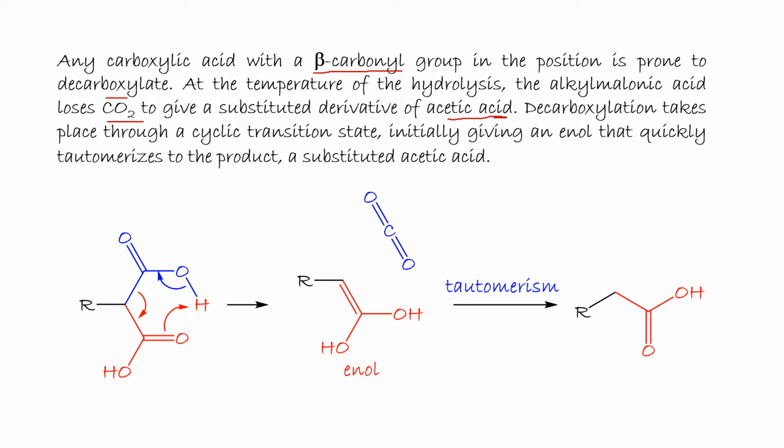So here is a carbonyl, it gets this H plus, 2 electrons to form a double bond, 2 electrons here to form a double bond, which will give the enol form and CO2. The enol form will tautomerize to the carboxylic acid.